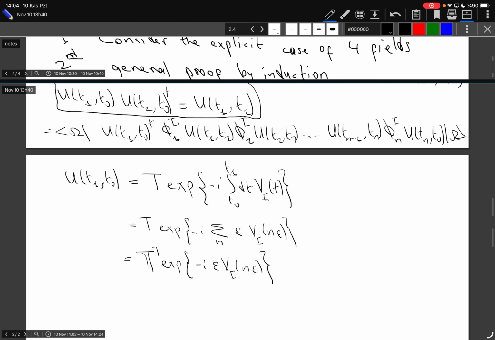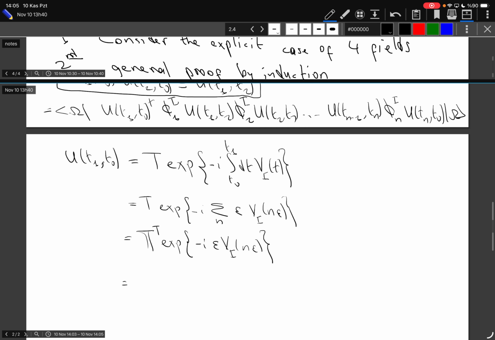Well, let me just invent the term time-ordered product. What this is actually is exponent minus i epsilon V_I at the time t0, exponent minus i epsilon V_I at the time t0 plus epsilon, up to exponent minus i epsilon V_I(t1).